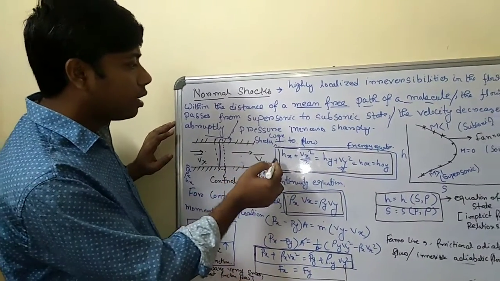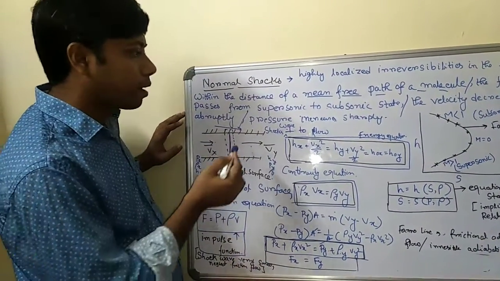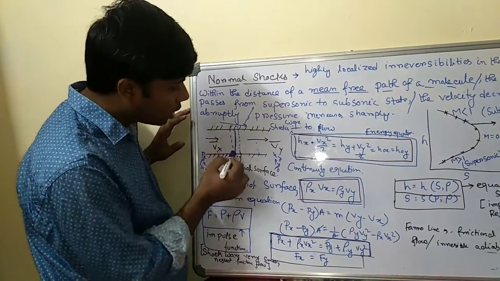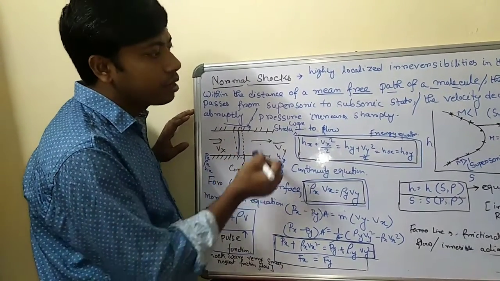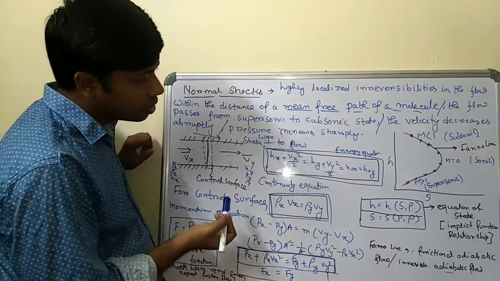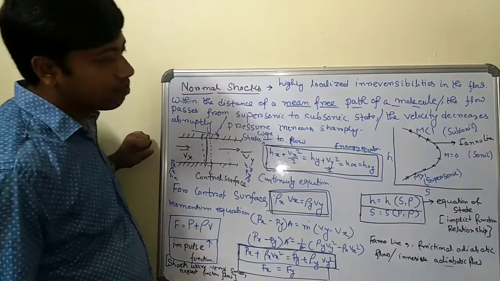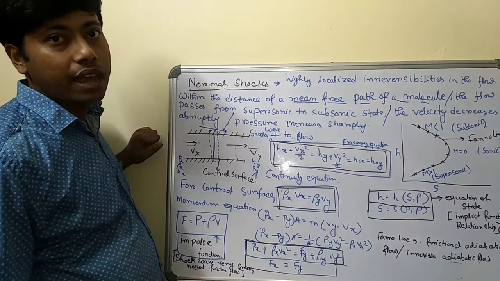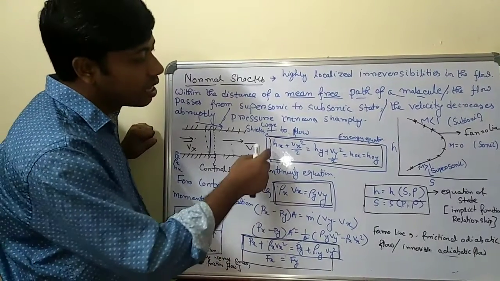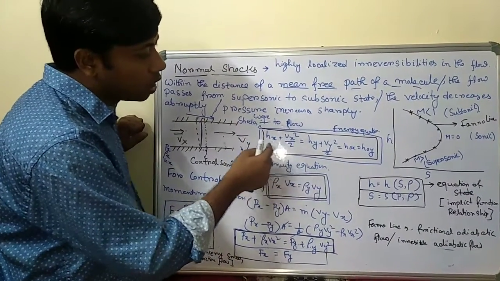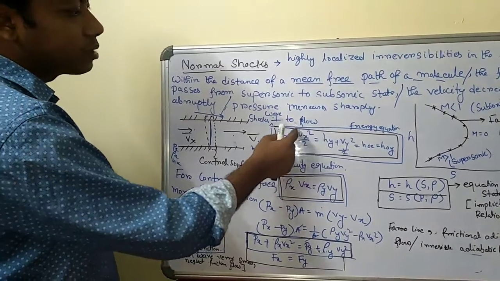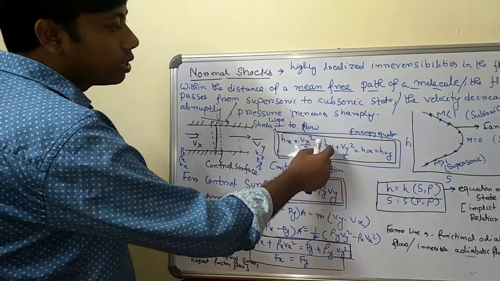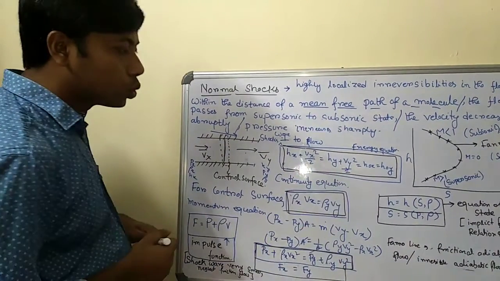Now basically, as you know, suppose this is a thin shock wave and this is the control surface area. If you write down the energy equation, the enthalpy equation, that means total energy, H plus V square by 2. If you apply that for upstream as well as downstream, that means Hx plus Vx square by 2 is equal to Hy plus Vy square by 2. Right.